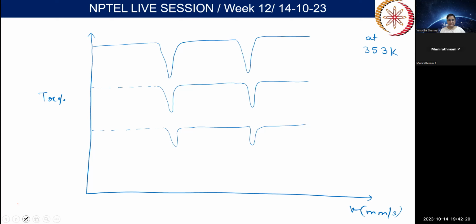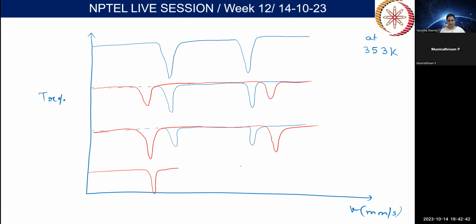At reduced temperature, we see a new peak coming here, and here it is even more intense. At last it is almost equal intensity here.